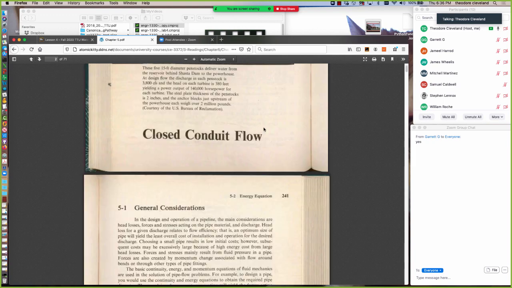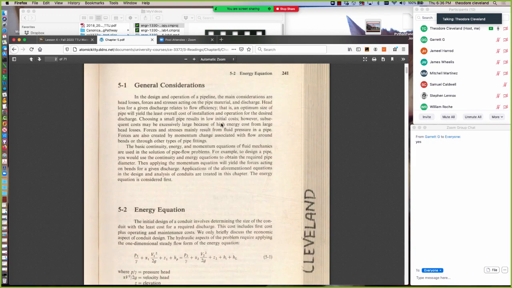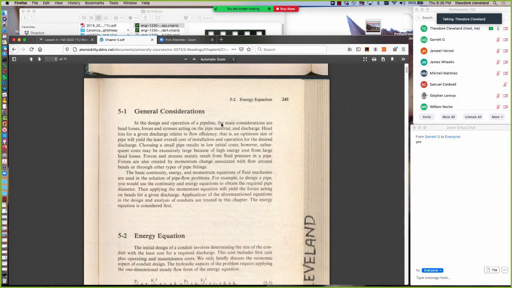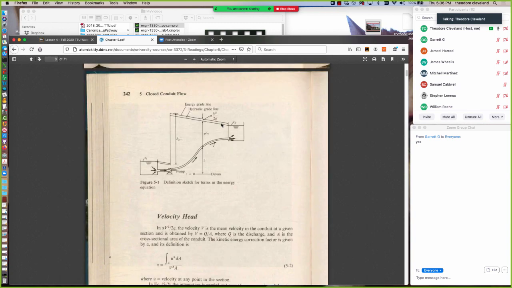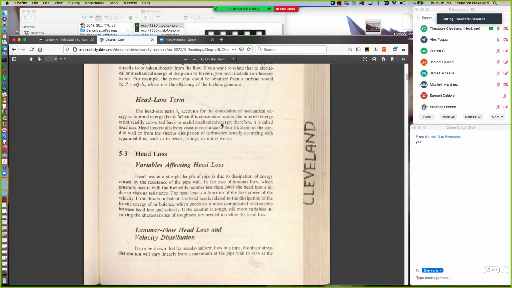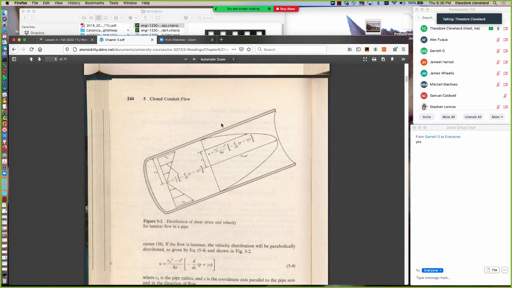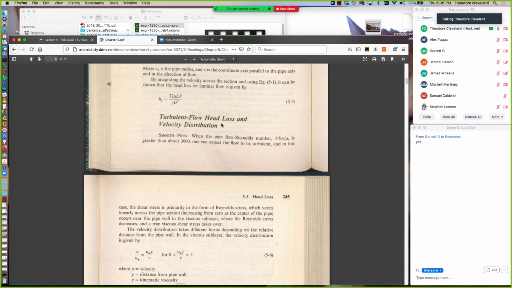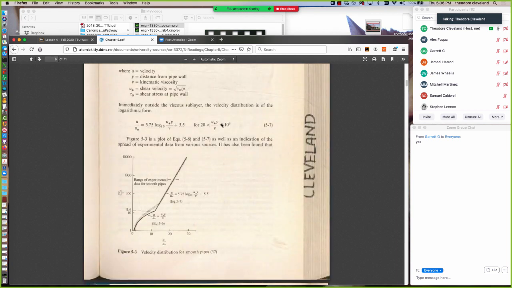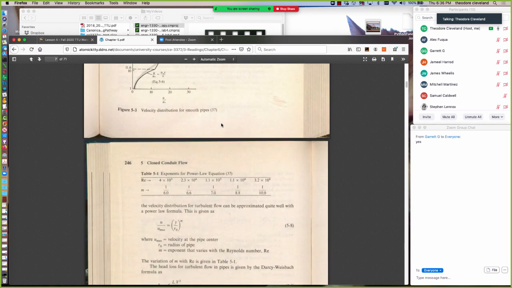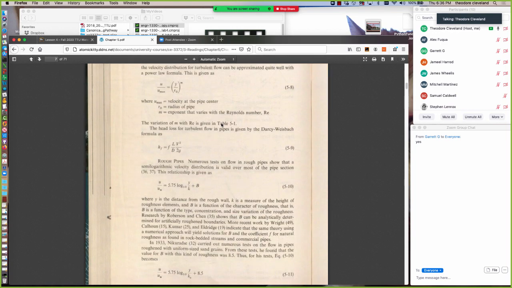It's a while ago. And it has a whole chapter on closed conduit flow, and I would strongly recommend you take a look at this because it pretty much has everything one would need to know for the hydraulics of closed conduits as well as networks.